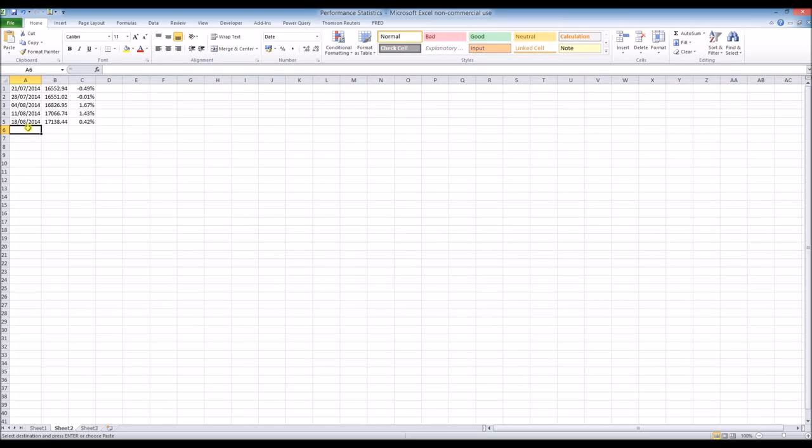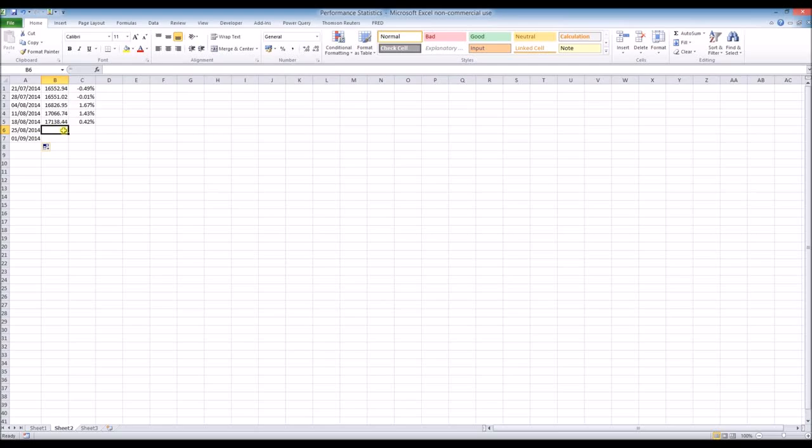And in the first scenario, the easier scenario, we're going to look at an inflow of capital that takes place on the day that we record our weekly portfolio margin anyway. So on the 25th of August 2014 here, we're going to say that we inject some capital into the portfolio.